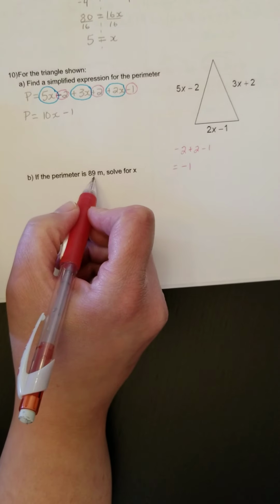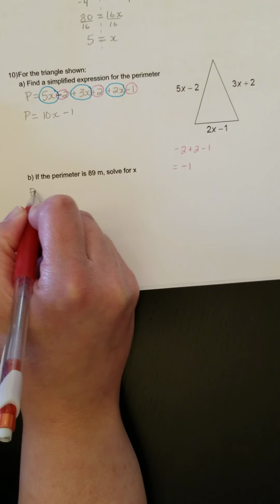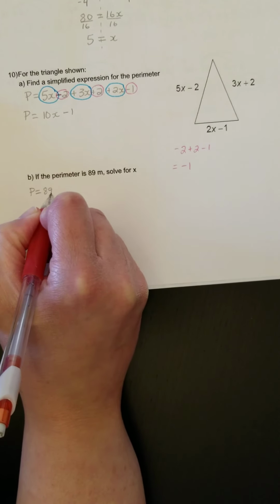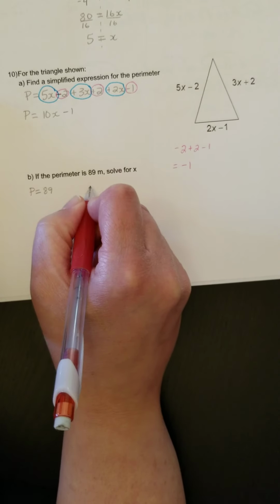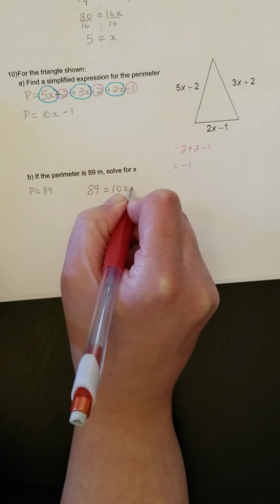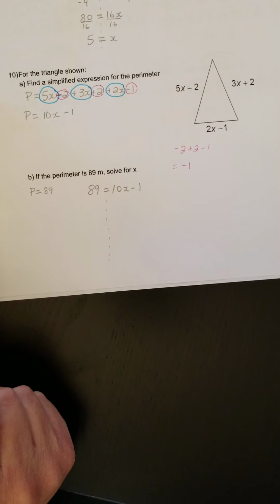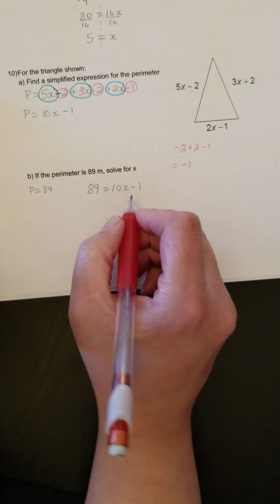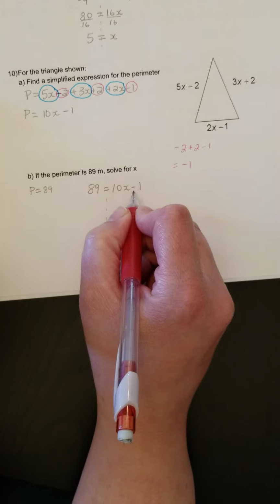Then it says if perimeter is 89 meters, solve for x. So here we put P equals 89. We're going to solve that. So we'd have 89 equals 10x minus 1. And put our dotted line down the middle and solve this equation. First thing we do is undo, multiply, or add or subtract. So we've got a minus 1, that's subtracting 1.